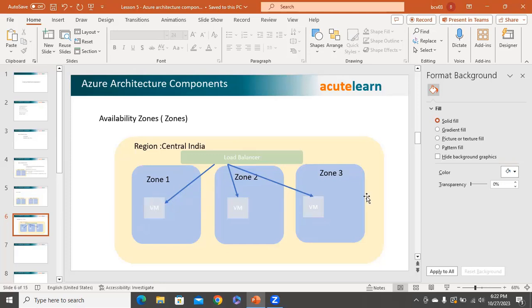The zones are not available in all geographical regions. Microsoft has built these availability zones in only specific geographical regions. They are coming up with other regions.